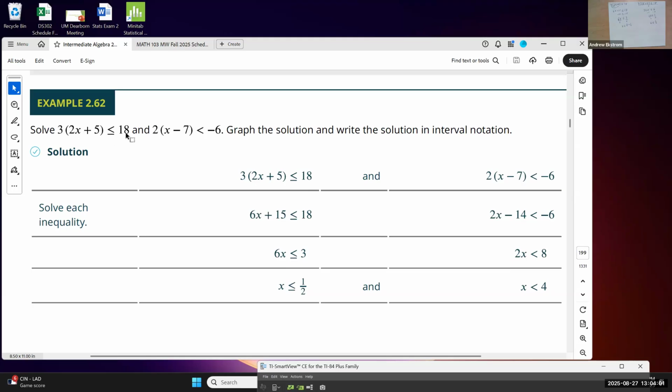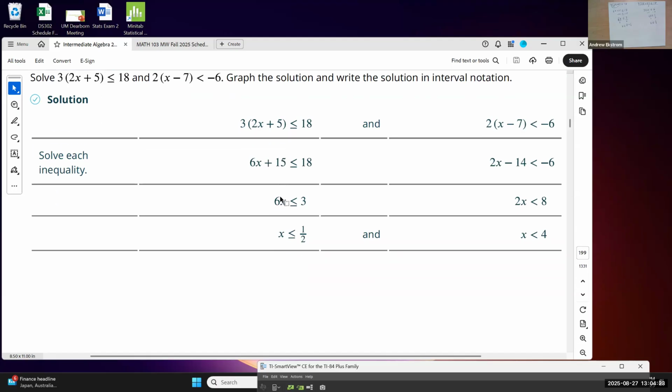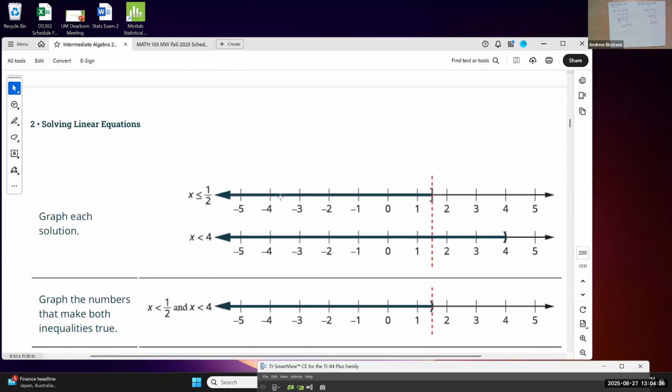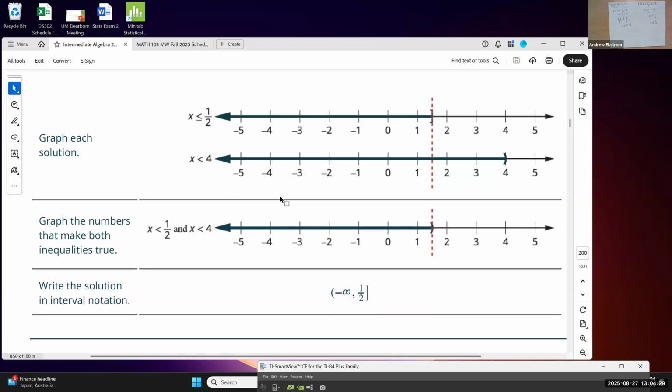So if we're looking at the original problem here, we have to find our magic values of x. And you can see here, this is saying that x has to be less than 4, or 4 is greater than x. This is saying x has to be greater than or equal to 1/2. And we're looking for values that work for both of these equations. So if we plot them on the number line like we've got here, we're looking at everything that's below those values.